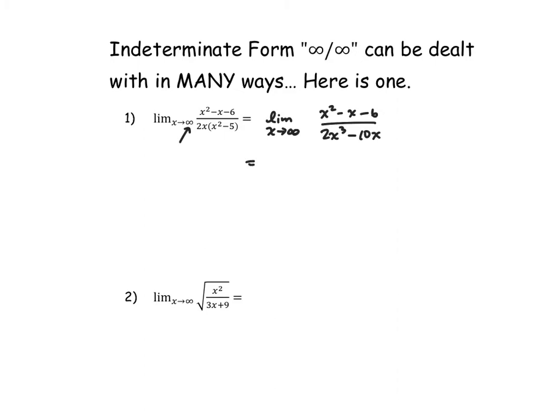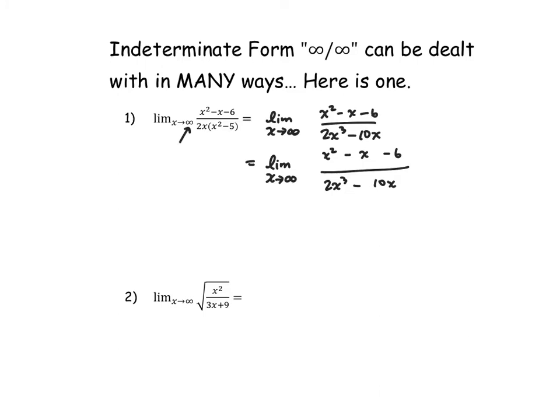Clearly the numerator will go to infinity, and so will the denominator. So what we do is use a method where we divide all terms by the largest power. I'm going to take x squared minus x, spread these out a little bit, and let you see this: 2x cubed minus 10x.